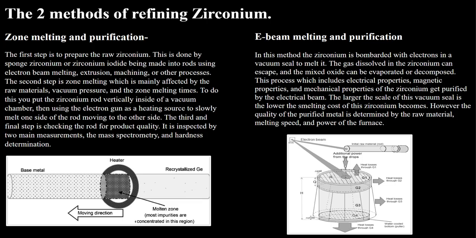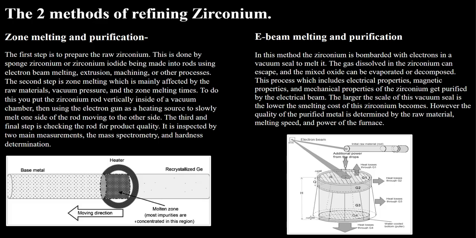E-beam melting and purification. In this method, the zirconium is bombarded with electrons in a vacuum seal to melt it. The dissolved gas in the zirconium can escape, and the mixed oxide can be evaporated or decomposed.